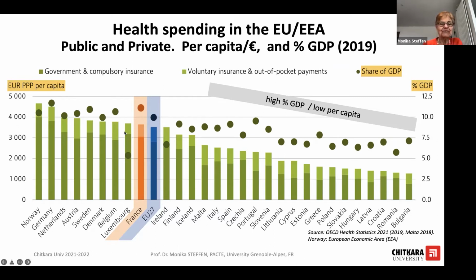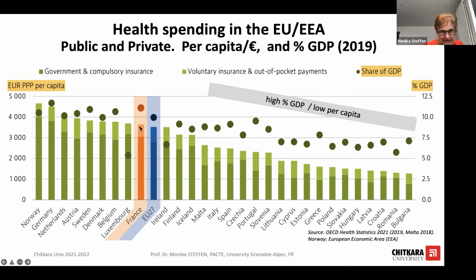They spend a lot of money per capita, but it's a small part of their GDP because they are a fiscal paradise. They have lots of banks and work with a lot of money, which is not from their citizens. So that is a special example. You have the same in Ireland. It's the same type of profile.